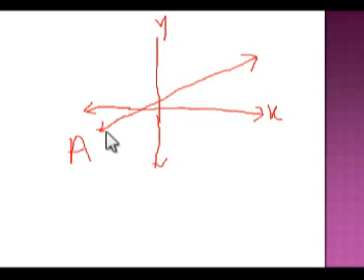I don't know what points are on the straight line, so I'm taking any point xy. Xy is a general point. It shows that x can be any value and y can be any value on the straight line. Now I try to form an equation using the general point xy.